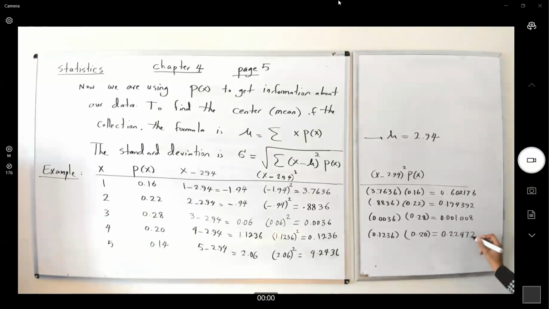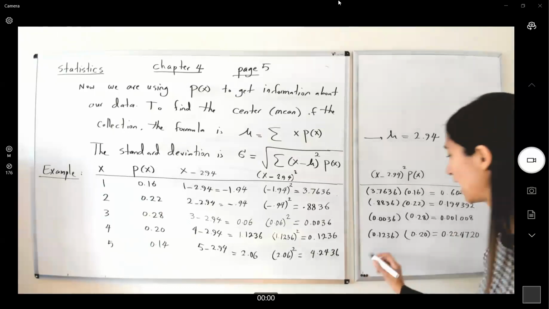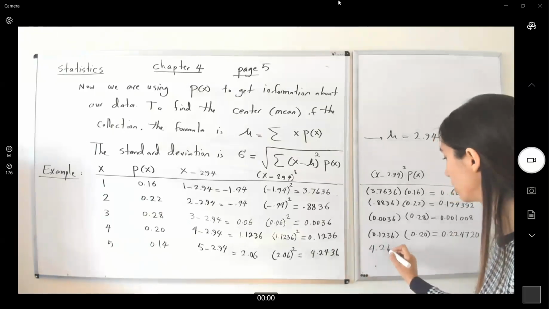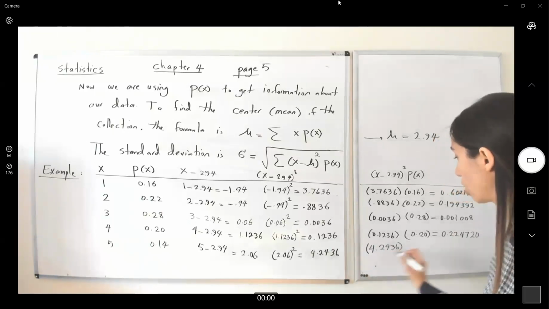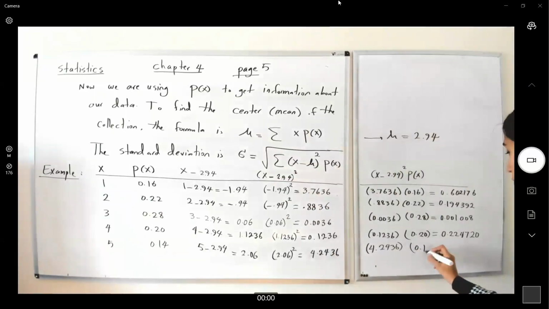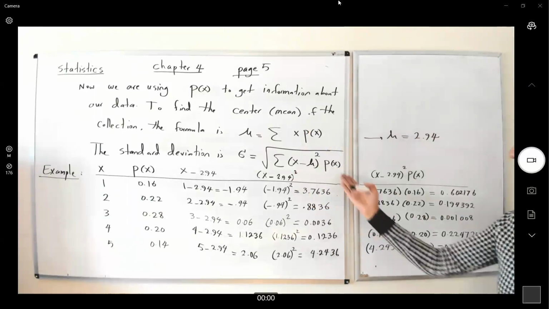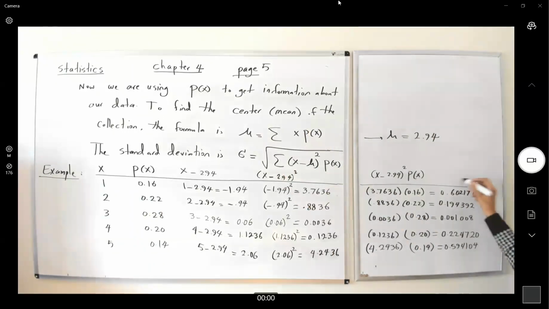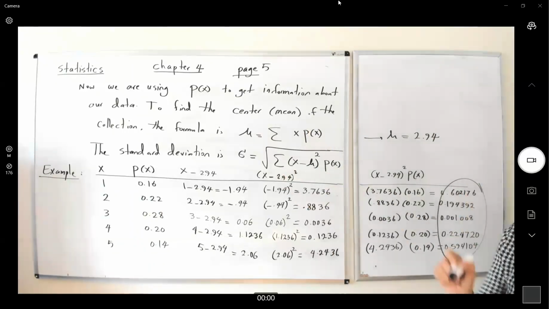And finally, the last number is 4.2436 times its probability, which is 14%, 0.14. This is equal to 0.594104. Next step is to add them all together, then take square root.